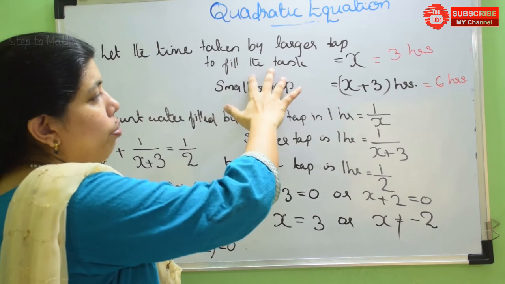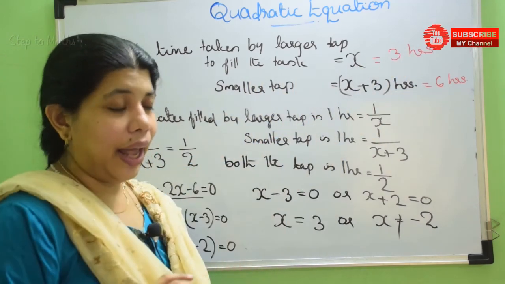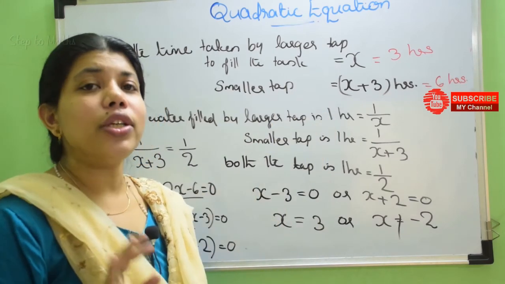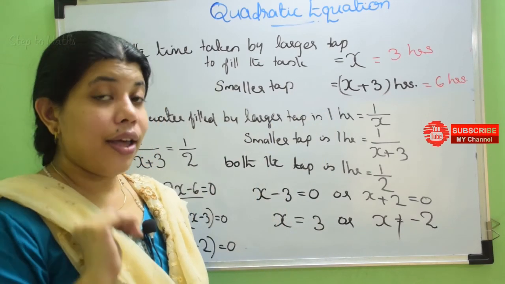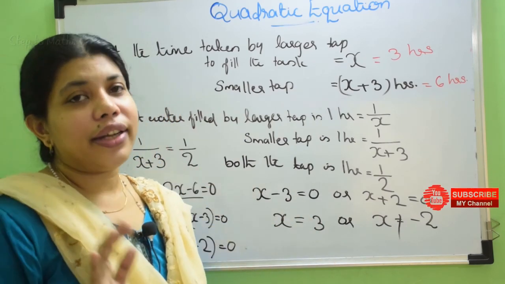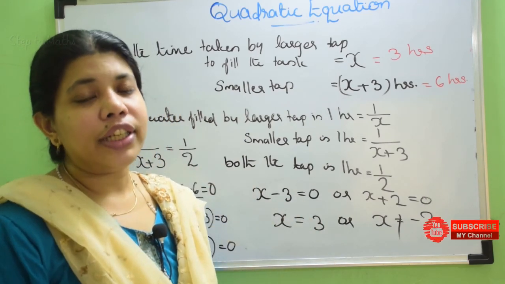The larger tap takes 3 hours to fill the tank, and the smaller tap takes 6 hours. If we open both taps together, the tank is filled within 2 hours.